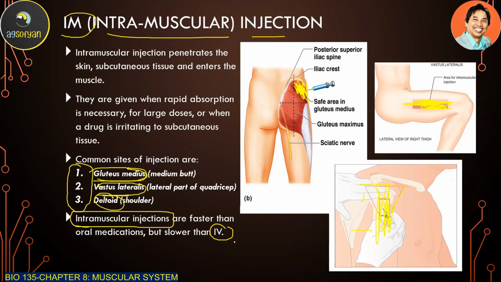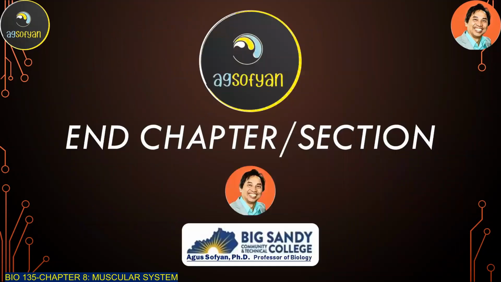Of course, the most convenient is oral medicine, but it's sometimes not that effective. So this IM injection is a very good, effective way to put medicine into our body, like vaccinations, flu shots, for example, and diabetes insulin injections also use this type of injection.